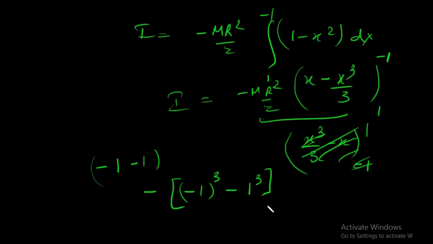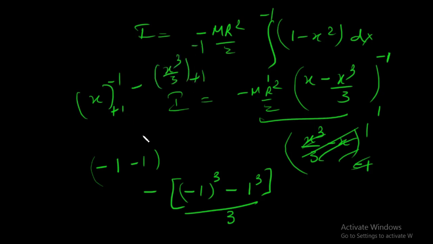Minus 1 cube and then minus 1 cube, and this would be by 3. We are doing this separately. We are putting limits separately from plus 1 to minus 1 for x, and then minus x cube by 3 from plus 1 to minus 1. And the minus sign is outside, with m r square by 2. We are putting limits separately; we can do it. So this would be equal to minus 2, minus, and this would be minus 1 and minus 1.